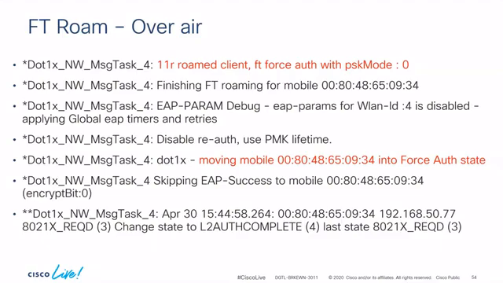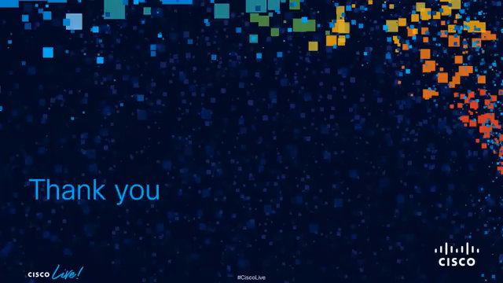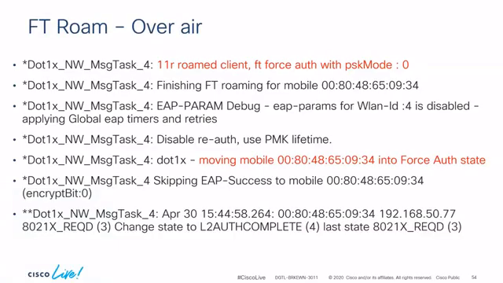We're moving the mobile into a fourth auth state. We're skipping the EAP success because we don't need to. All we're doing is doing the keying. You'll notice now we change from 802.1x required to L2 auth complete. So from there, we're into essentially the run state.